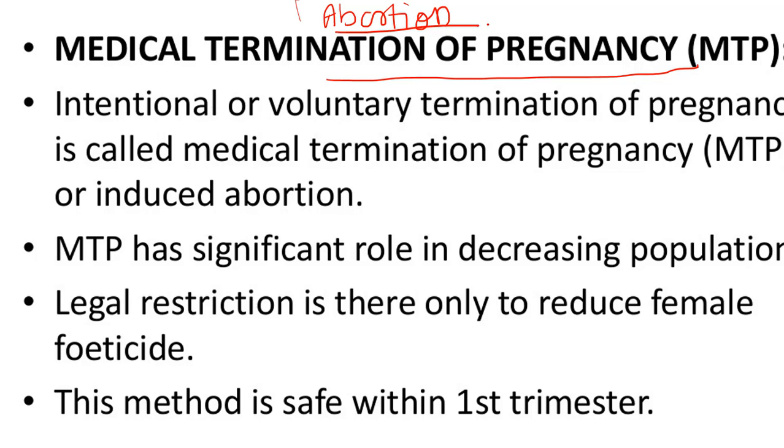You know, female foeticide in India, generally if we determine the sex of the baby, there are families where they abort the female child. Hence, to prevent this, it is restricted, but in severe conditions where the couple do not want the baby, they can go for medical termination of pregnancy, that is abortion.